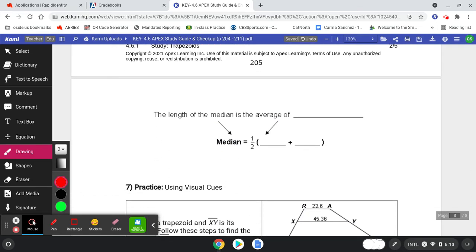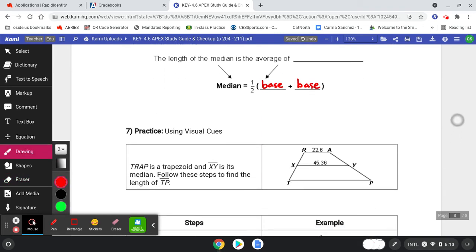So the length of the median is equal to half of base 1 plus base 2. This is another way of saying the average of the two bases. So we're going to go use this little formula here to do a practice example.